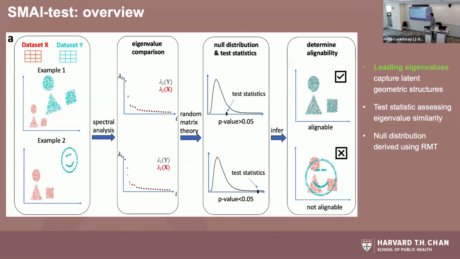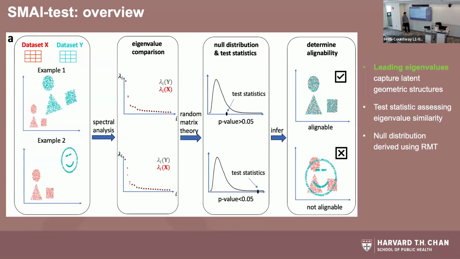Again, this is just a graphical illustration of the procedure. Suppose we have two scenarios. One is that the data are alignable up to some rotation, reflection, or translation. The other is that it's not alignable up to that kind of transformation. Again, we obtain the eigenvalues of the two matrices and then compare whether they are similar or not. In the first case, they are actually similar.